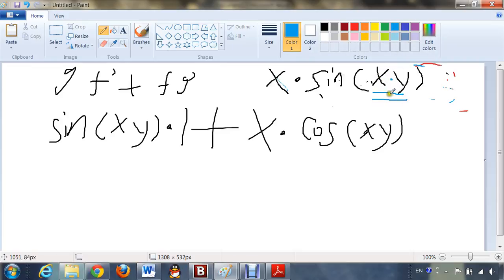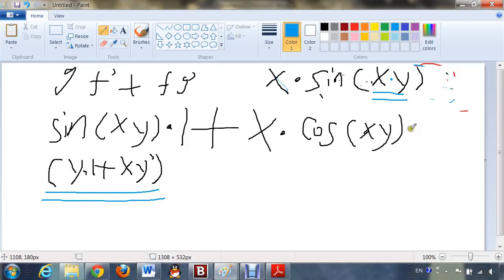We have done everything except for taking care of this x times y. So we take the product rule of this, which gives us y times 1 plus x times y prime. Then we multiply this derivative with the derivative that we got before. Let me use a parenthesis here.